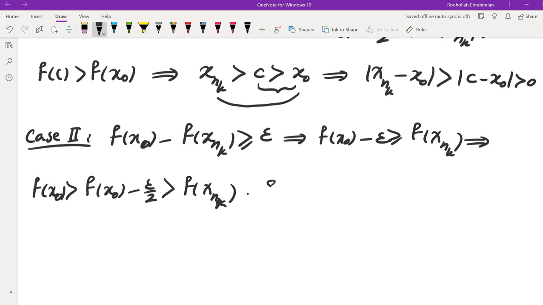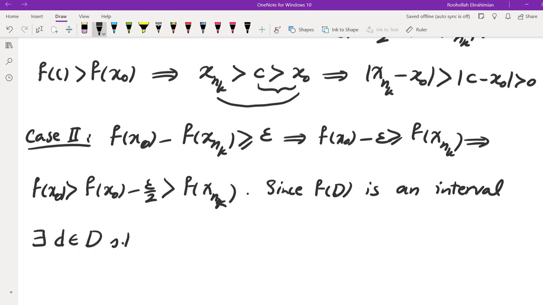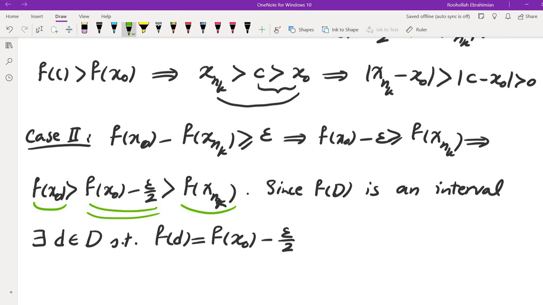And again, since f of D is an interval, there is some d inside D such that f of d is equal to f of x naught minus epsilon over 2. These two are inside f of D. Therefore, this one, which is in between them, must also be inside f of D.